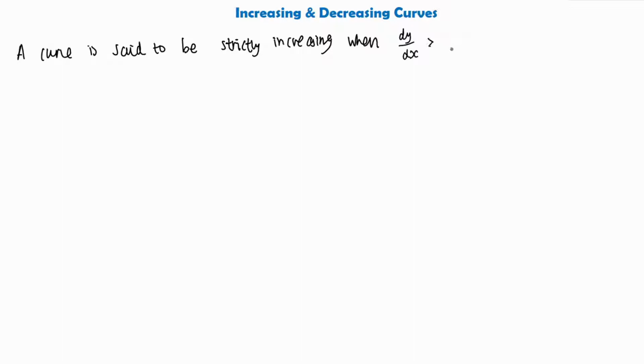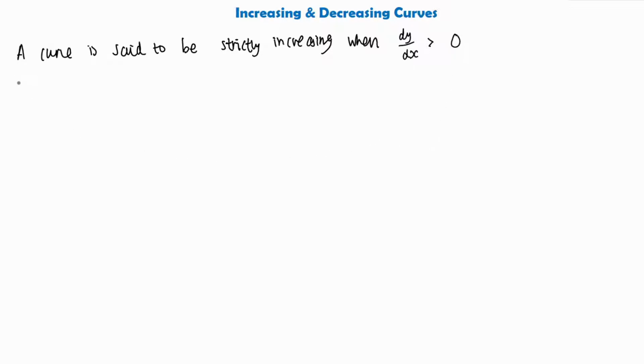So we'll say that a curve is said to be strictly increasing, which means that it's always going to be increasing when the derivative dy by dx is greater than 0.